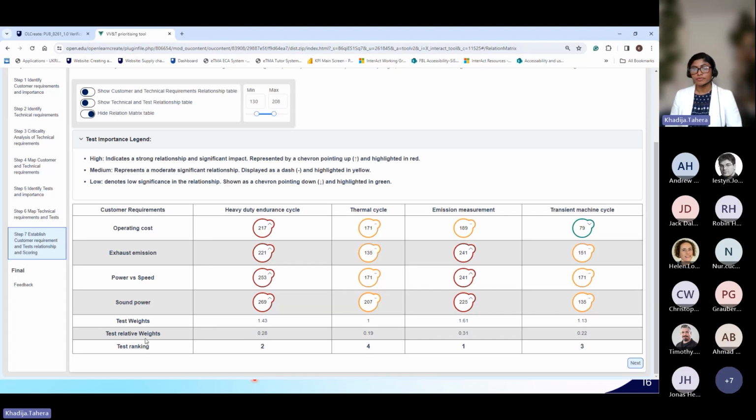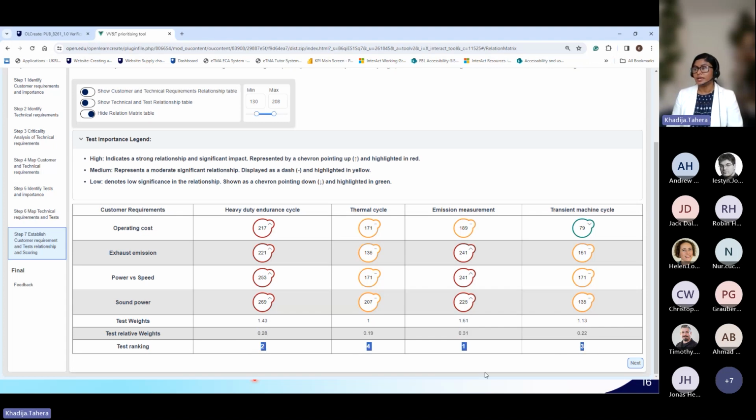So we provide the test weights, and this value probably we don't need to understand much, such as why the number is 1.43. If you want to, of course you can go to the papers we have published. What we want to focus on though is the ranking.